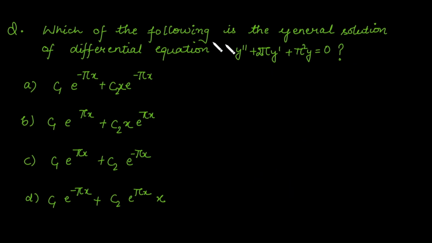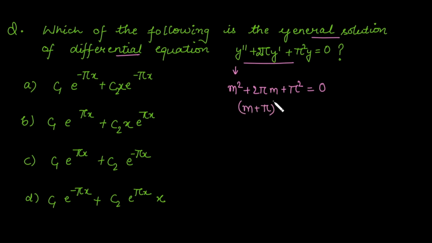Next question is, which of the following is the general solution of this differential equation? So in this case, first we will write its auxiliary equation. The auxiliary equation in this case is m square plus 2 pi m plus pi square, with y replaced by 1. This is equal to 0. So you can observe that this is m plus pi whole square.